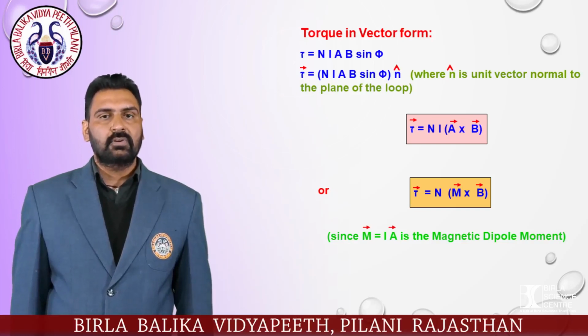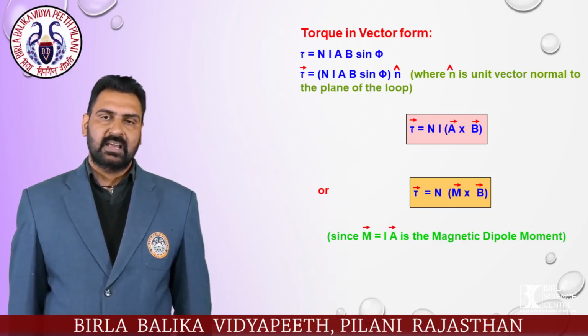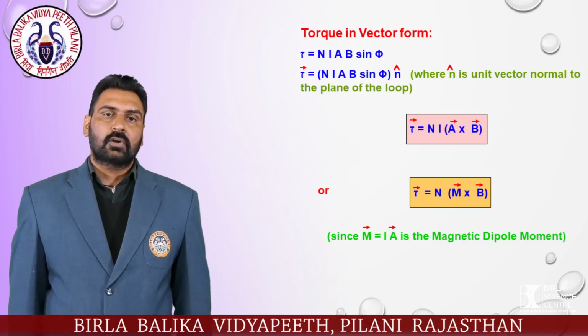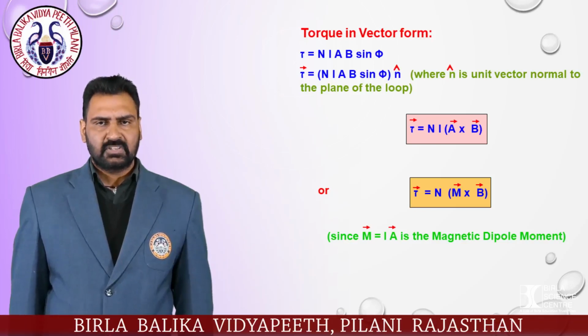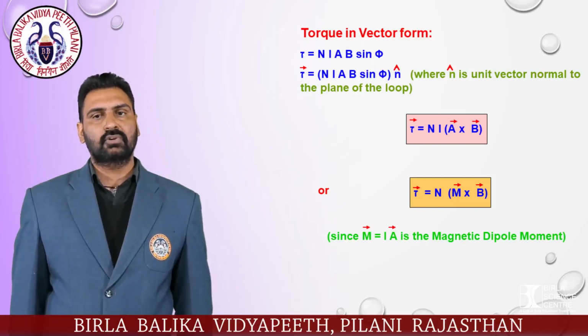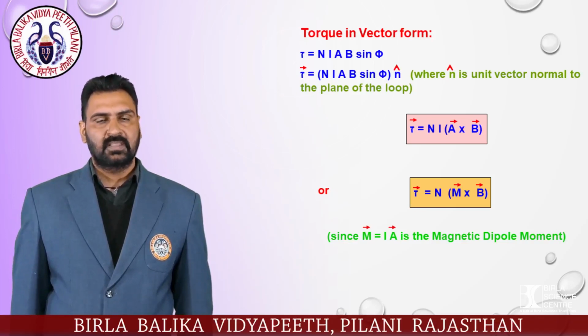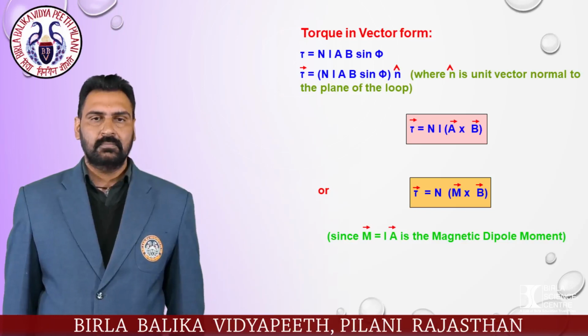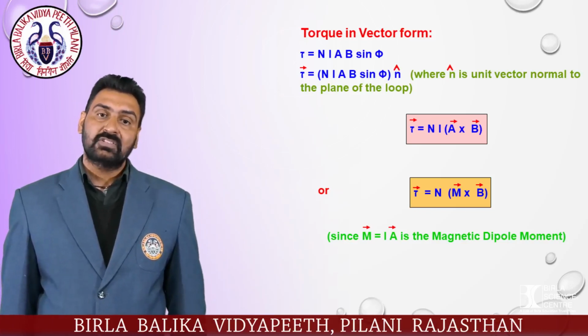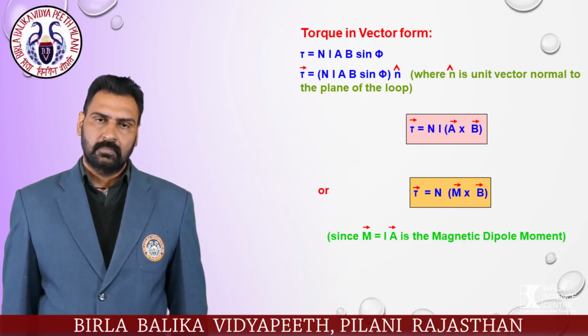So the coil will rotate in the anticlockwise direction. From the top view, according to the figure, the coil will rotate in anticlockwise direction about the axis of the coil shown by the dotted line. The torque acts in the upward direction along the dotted line. If phi is 0 degree, then torque is 0.